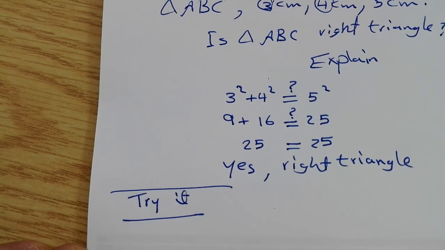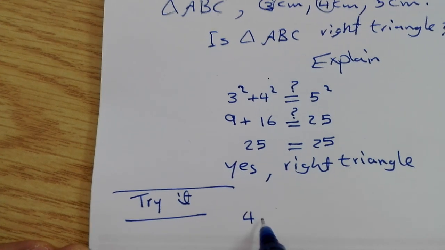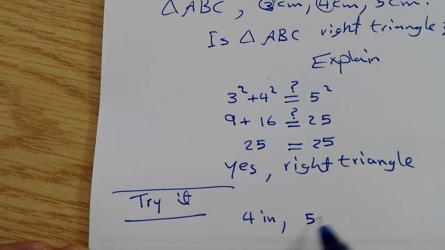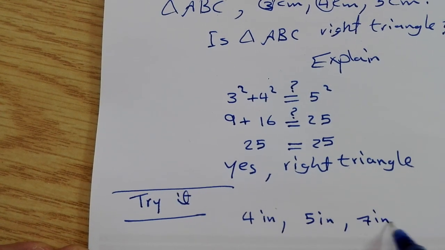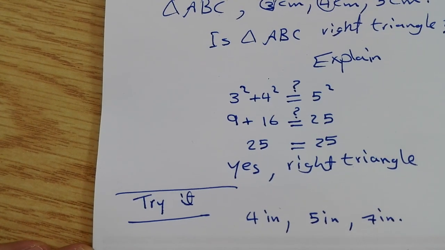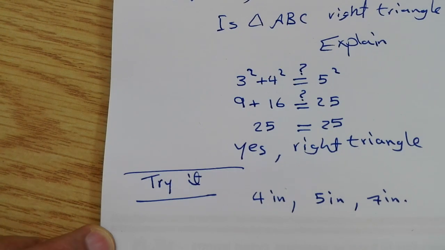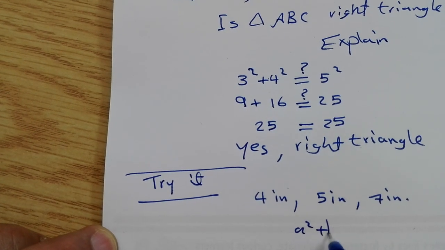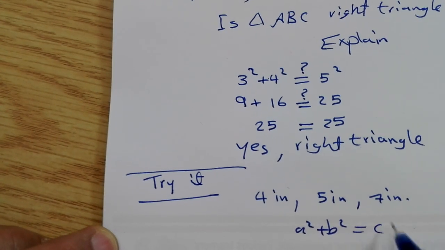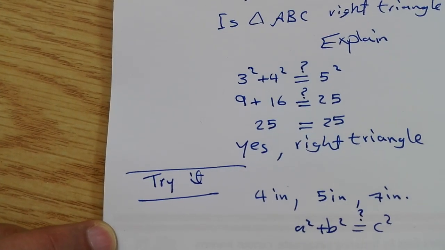The question is, a triangle has side lengths 4 inches, 5 inches, and 7 inches. Is this triangle a right triangle? Of course, we must check if A squared plus B squared equals C squared or not.